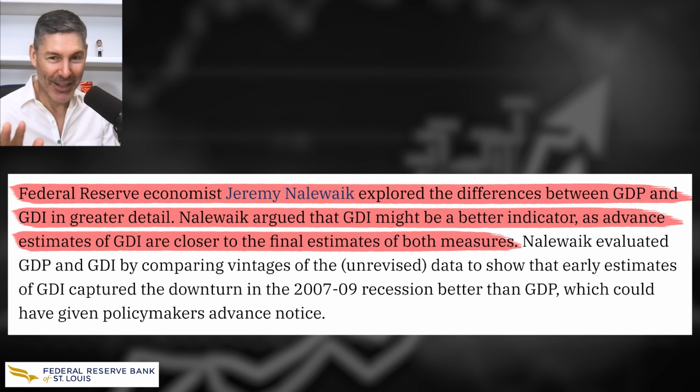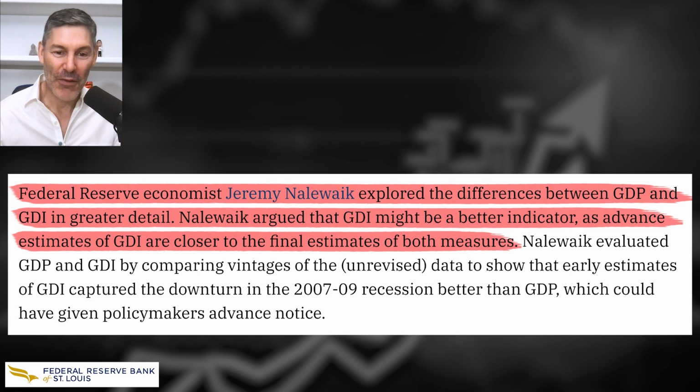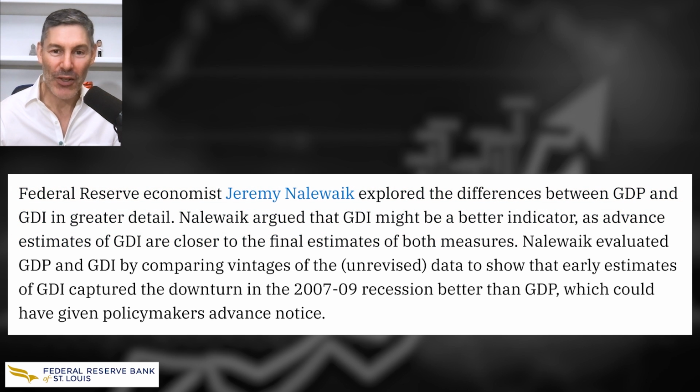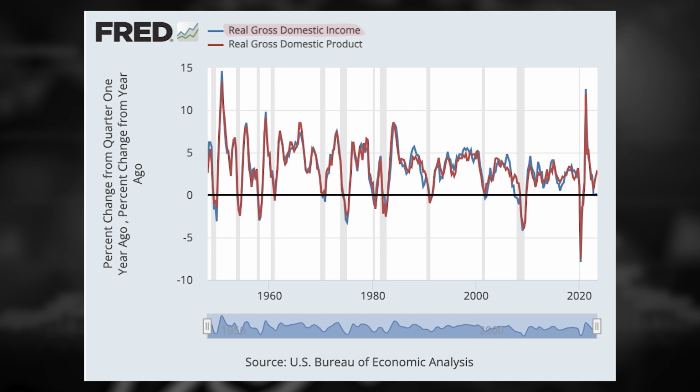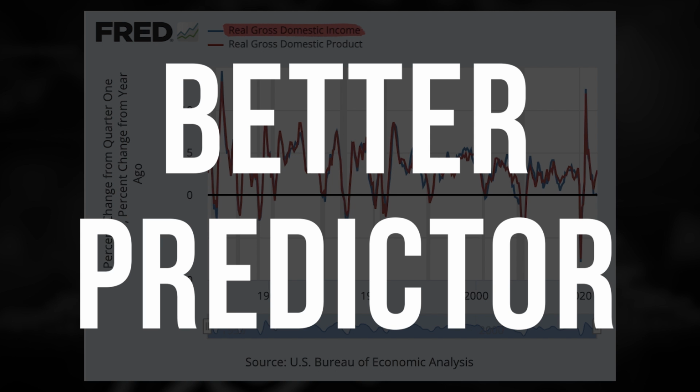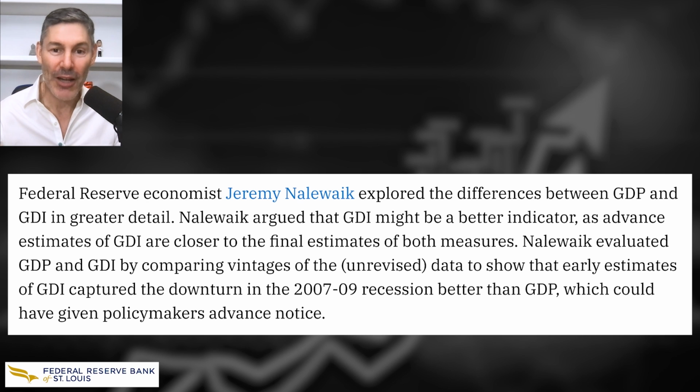So let's go through this to make sure that we're all on the same page. What this Federal Reserve economist is saying is that when you compare GDI to GDP in real time, GDI is almost always a better predictor of the revised numbers for both GDI and GDP in the future.